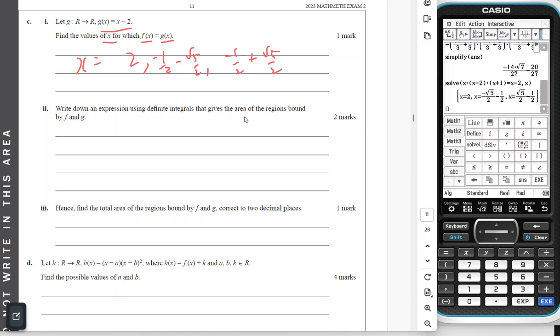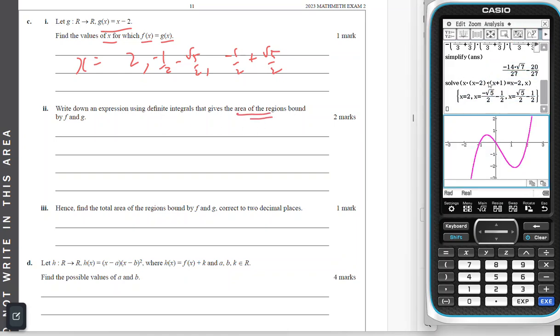Expression for the definite area gives the area of the regions bound by f and g. So I might want to have a little look at these. So I've got this region. So I've got 2 regions there. So this is the 2, and these are the 2 pluses and minuses.